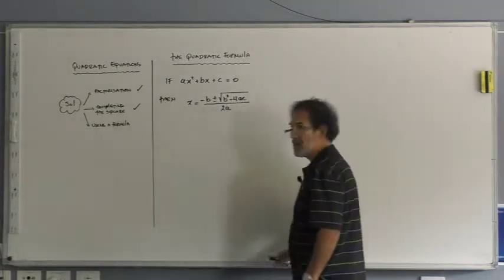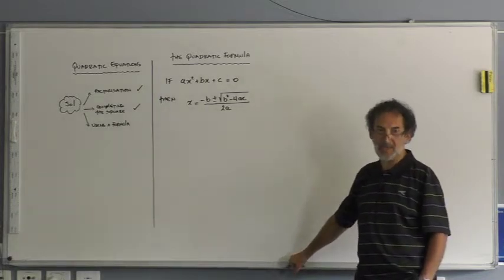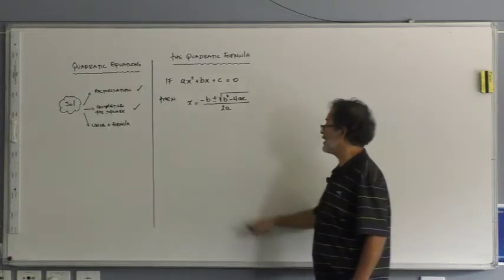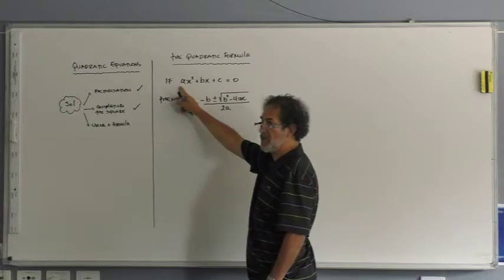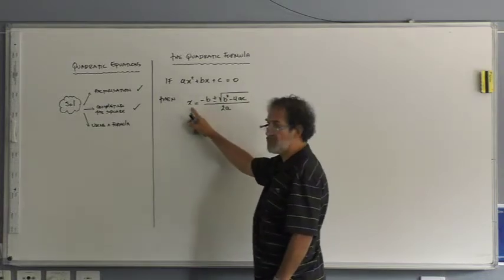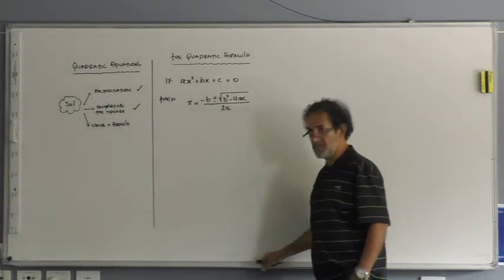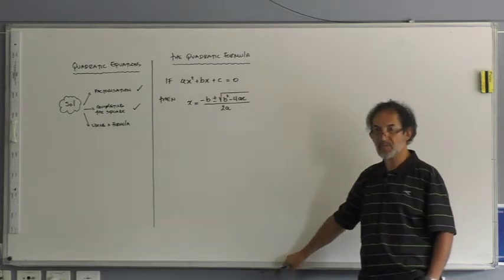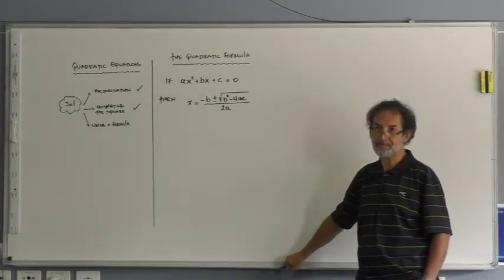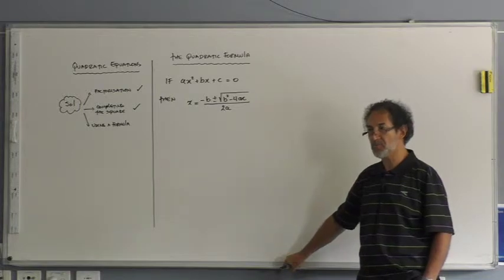That is a mathematical statement. We are saying that if you have a mathematical expression like this, then the answer for x is equal to this. And we call that a proposition.